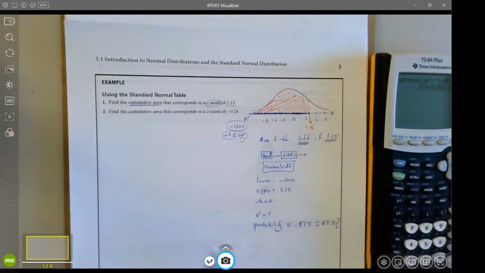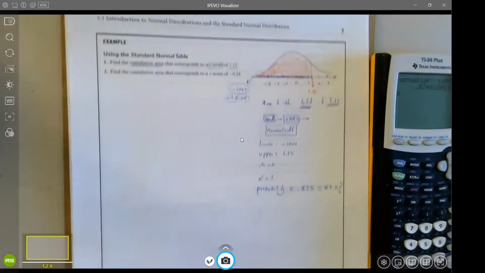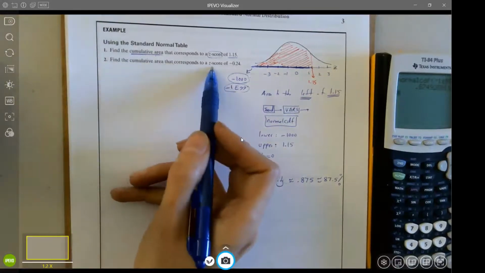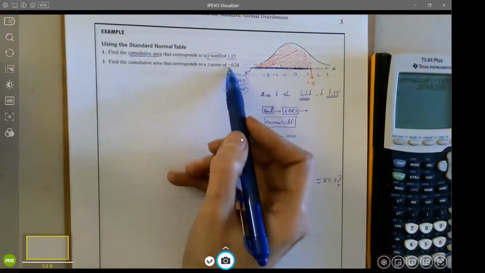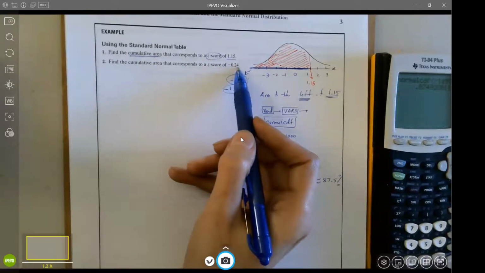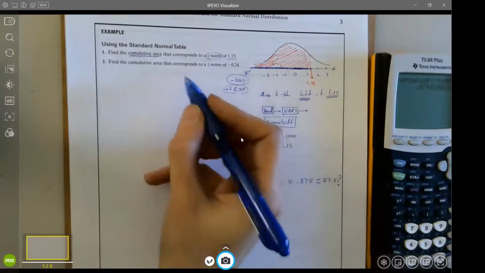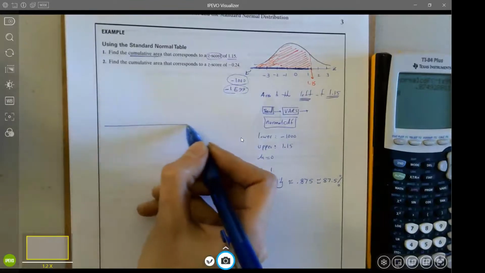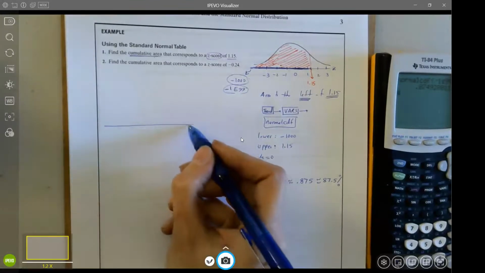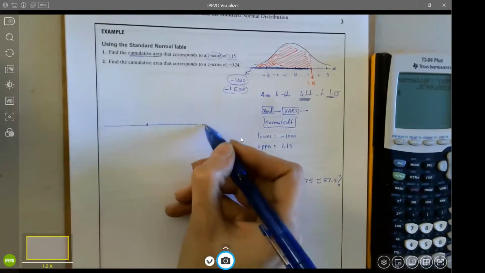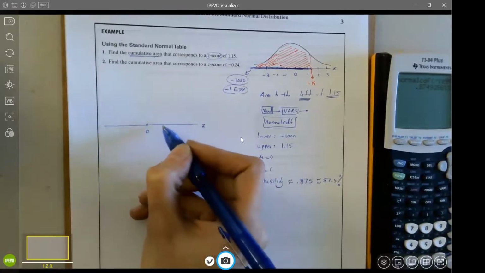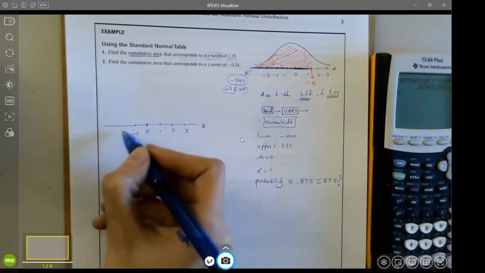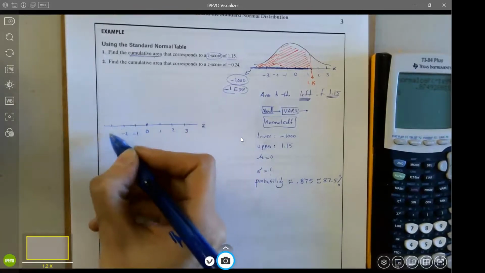Let us take a look at another example. Two says, find the cumulative area that corresponds to z-score -0.24. Okay, let us take a look at our graph. This is our graph. Again, we have z values on the horizontal axis: 0, 1, 2, 3. On the left-hand side of 0, we have negative numbers.